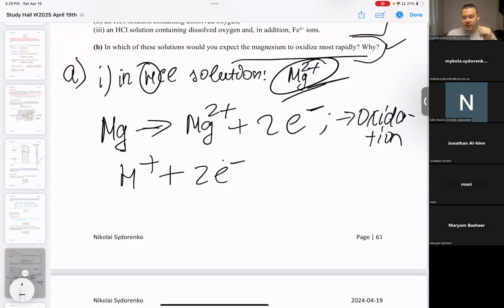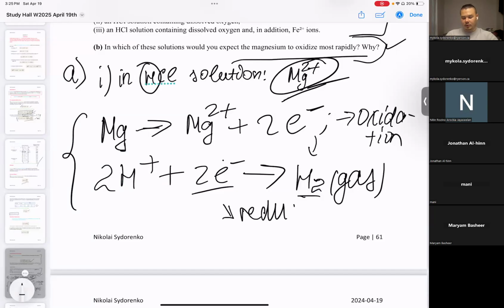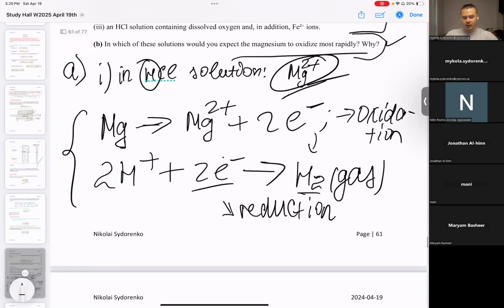So two electrons released from the oxidation reaction, and we're going to form H2. That H2 will probably be gas. Very much depends on your ambient conditions. But in here, we need to balance our equation, by the way. So we have two electrons, so we need two hydrogen. So this is our couple of oxidation and reduction. Just as an example.